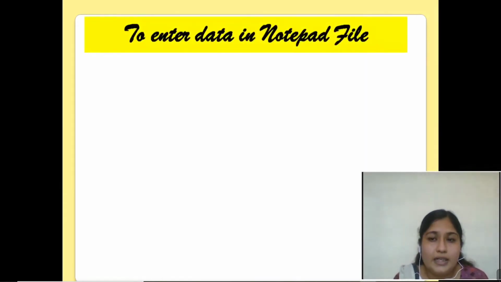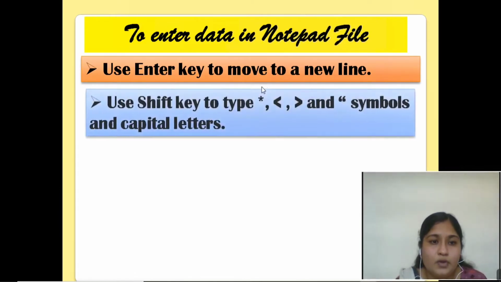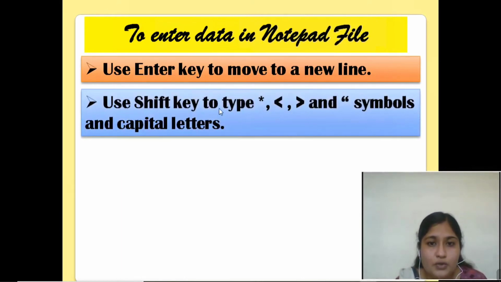To enter data in a Notepad file, first, use the Enter key to move to a new line. Then use the Shift key to type star, arrows, inverted commas and capital letters.